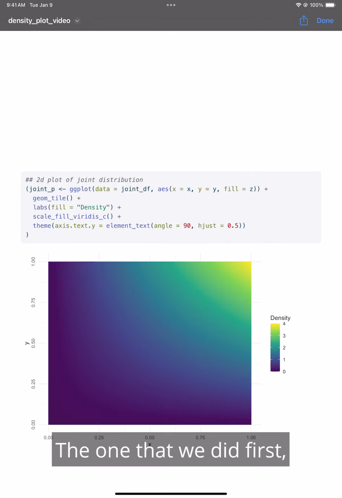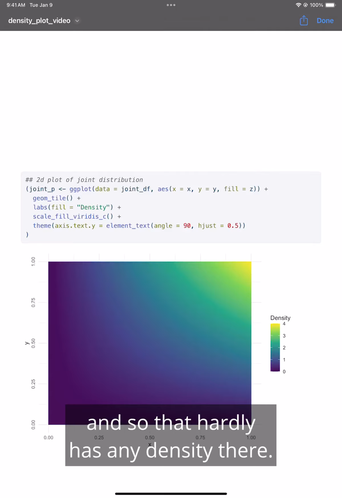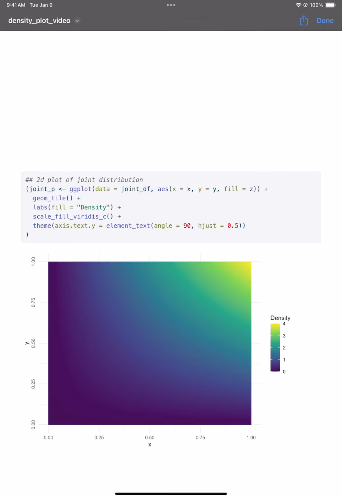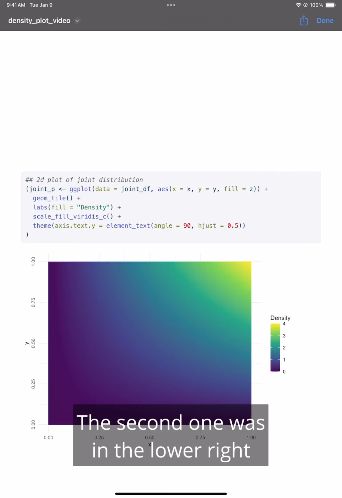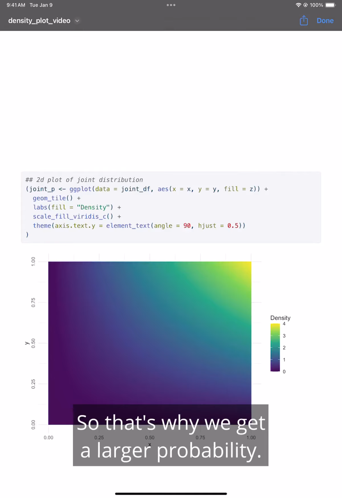The one that we did first, we were in the lower left part of the plot, and so that hardly has any density there. So when we integrate over that, we get a really small number. The second one was in the lower right, and that has a little bit more density associated with it. So that's why we get a larger probability.